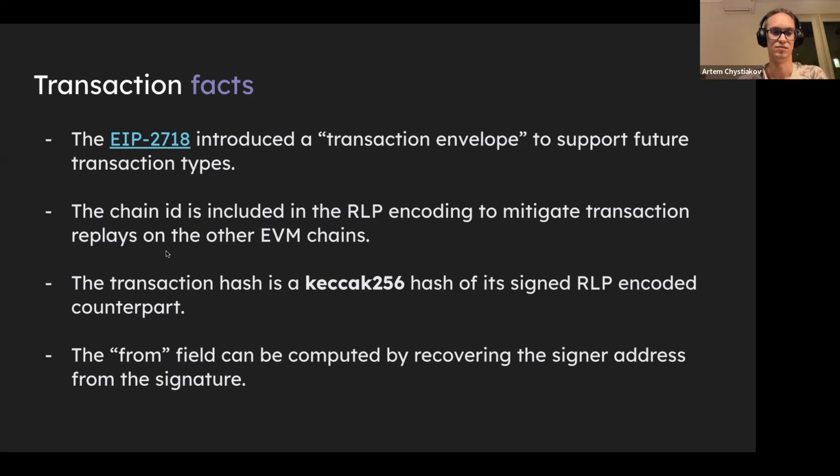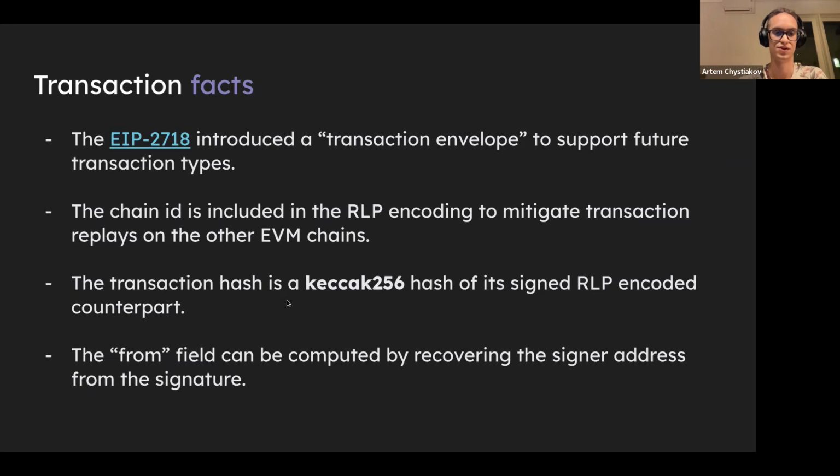To mitigate this completely, the chain ID, the unique identifier of the blockchain, is included in the RLP encoding before the signature. The chain ID for Ethereum mainnet is 1, and for every other EVM blockchain it is unique. So when you are sending transactions, you can be sure that they won't be replicated somewhere else.